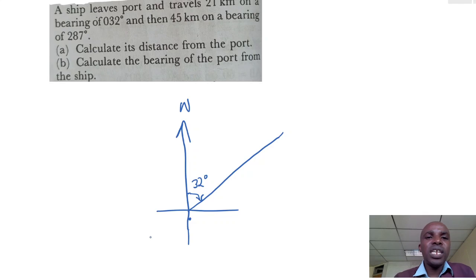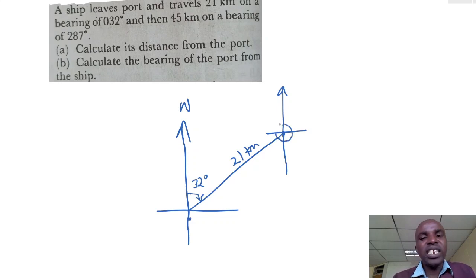So 32 degrees, 21 kilometers, and then 45 kilometers on a bearing. The moment they say and then, it means it's now at this point. You have to draw another north. And the bearing changed, it is 287. So 287 is more like this one.